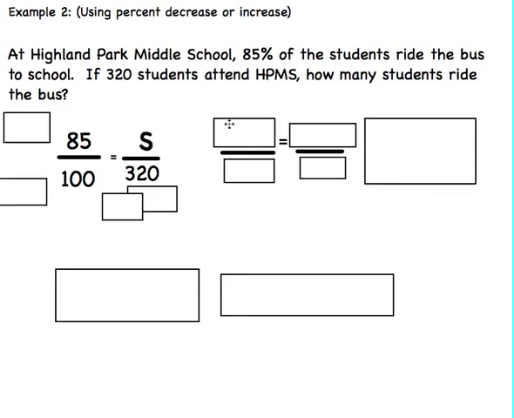Okay, then we need to cross multiply. So first we're going to take 85 times 320 to get 27,200.